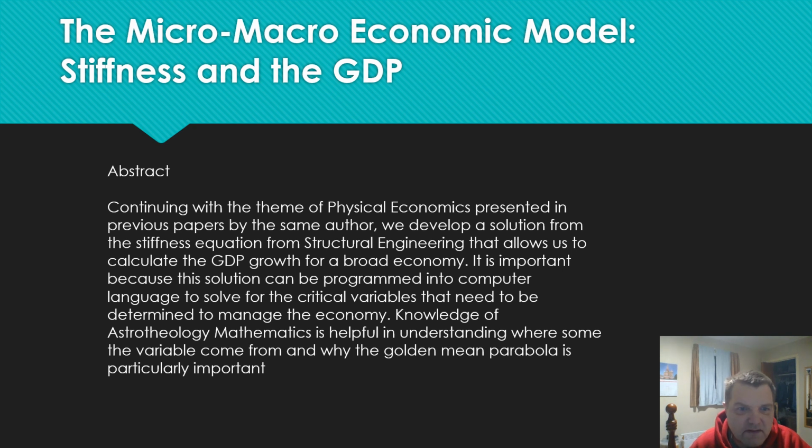It is important because the solution can be programmed into a computer language to solve for the critical variables that need to be determined to manage the economy. Knowledge of astrotheology mathematics is helpful in understanding where some of the variables come from and why the golden green parabola is particularly important.